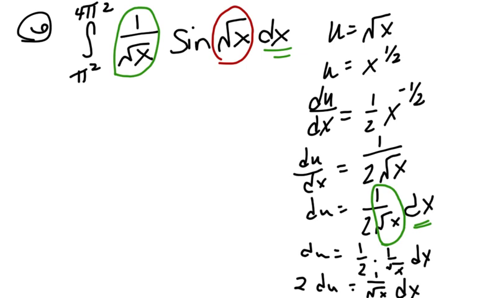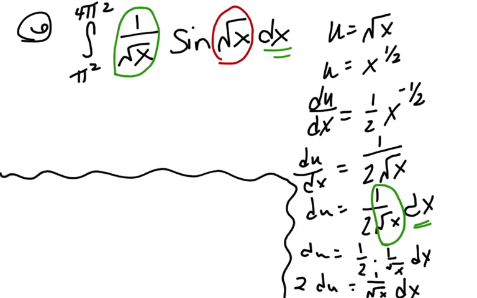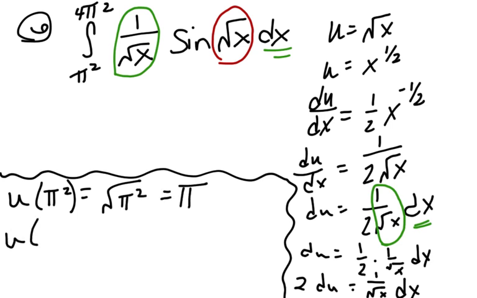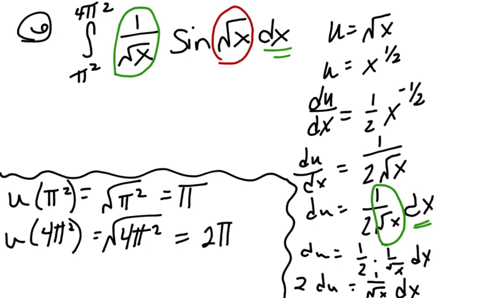And then I'm going to have to change my limits, which I'm running out of room to do. Let's see. I'll just do that down here at the bottom. u of pi squared is the square root of pi squared, which equals pi. And u of 4 pi squared is equal to the square root of 4 pi squared, which is 2 pi.